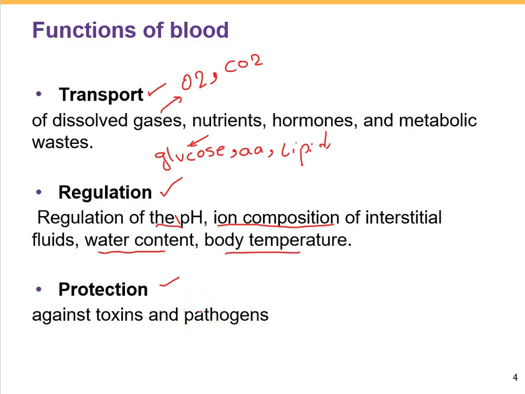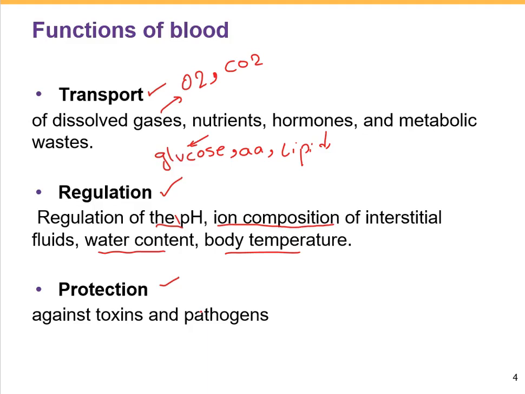The protection job of blood is that the blood provides protection against toxins and pathogens, including bacteria, viruses, and other harmful substances. Blood can do this because of white blood cells, a component of the blood, which have a crucial role in the immune response by identifying and neutralizing foreign invaders.